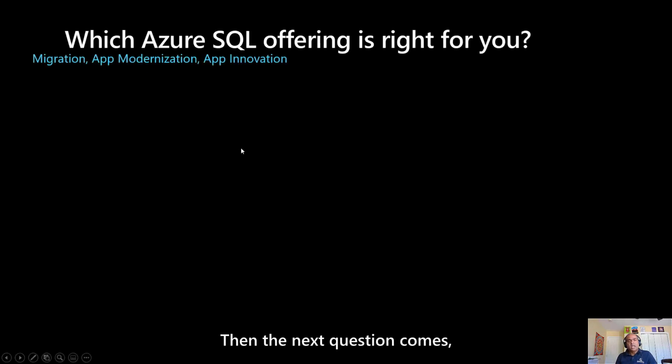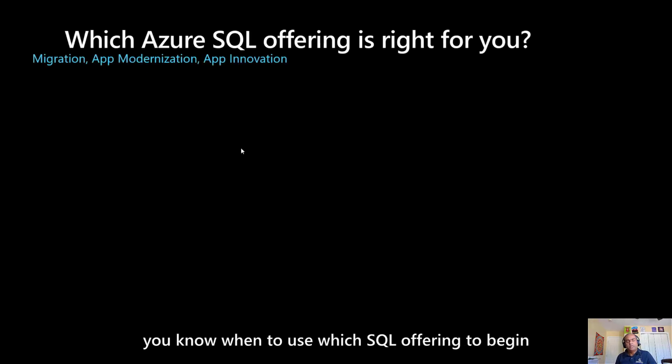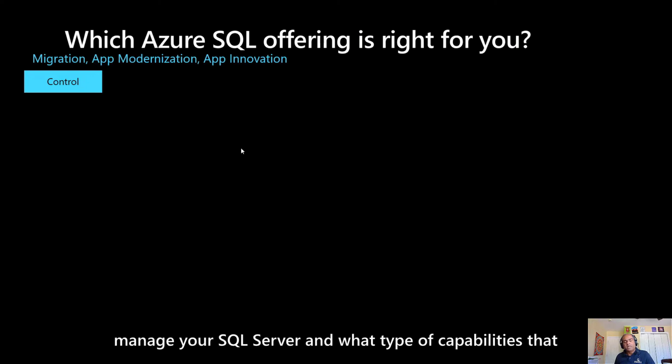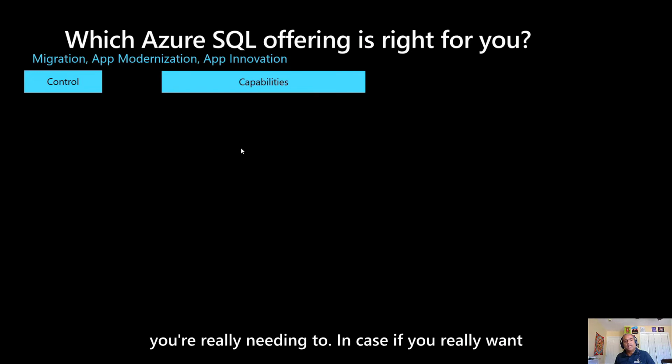Then the next question comes: when to use which SQL offering? It all depends on how much control your workloads need to manage your servers and your SQL Server, and what type of capabilities you need.